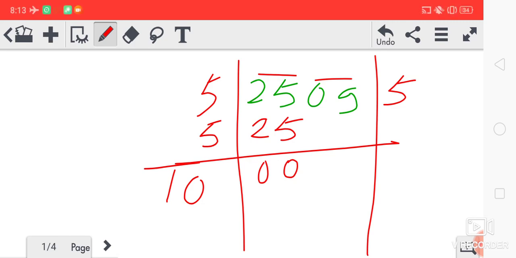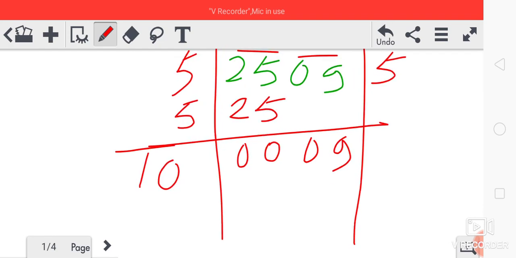Now this 09 will come down. So how many times will we have to take? 0 times, again we'll take 0 times, because here it is 9 only.